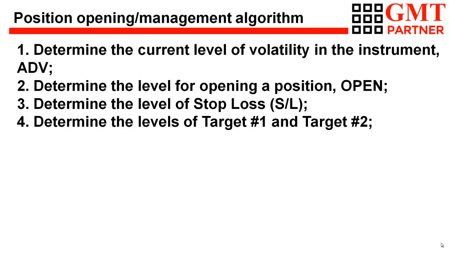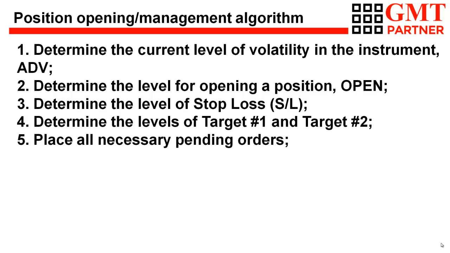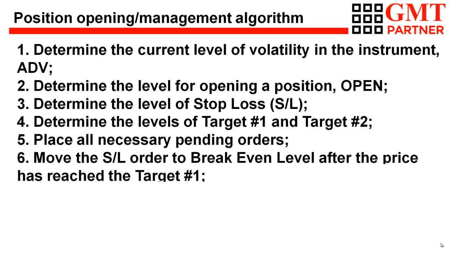The strong level of support or resistance on a daily or weekly chart will serve as target number 2. 5. After determining the levels of price targets, the trader should place all necessary orders. 6. After the price has reached target number 1, it is necessary to transfer the stop loss order to the break-even point. 7.